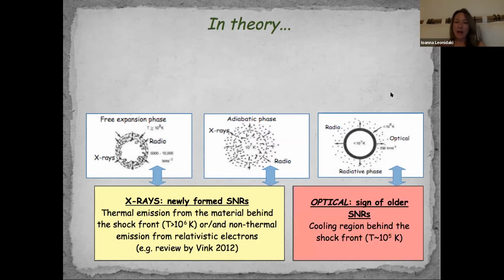And then if you see the temperature at the third, the radiative phase, the material has cooled off down to a temperature of 10 to the 5. So this is the right time for the region behind the shock front to cool and radiate in the optical.